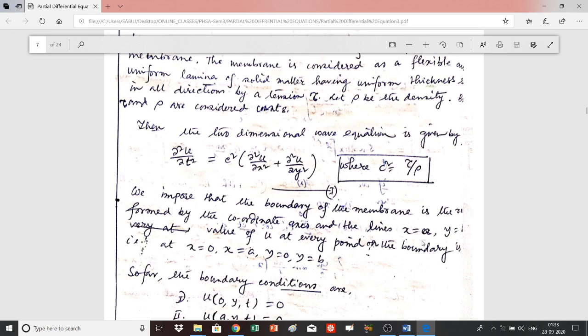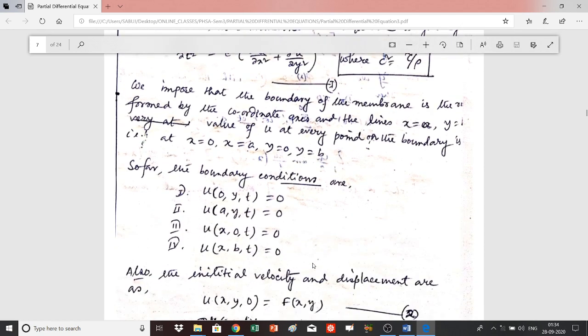The value of u at every point of the boundary, that is at x equal to 0, x equal to a, y equal to 0, and y equal to b, is 0.